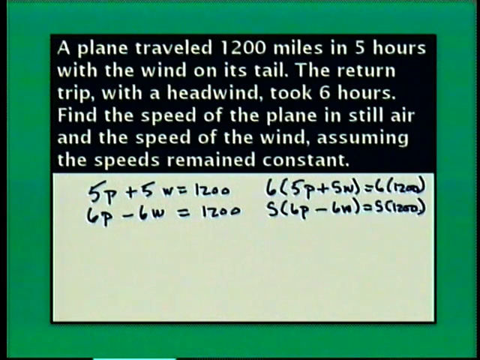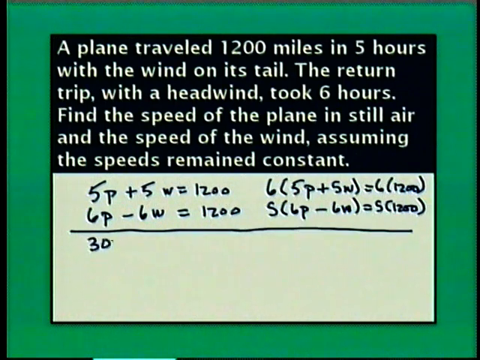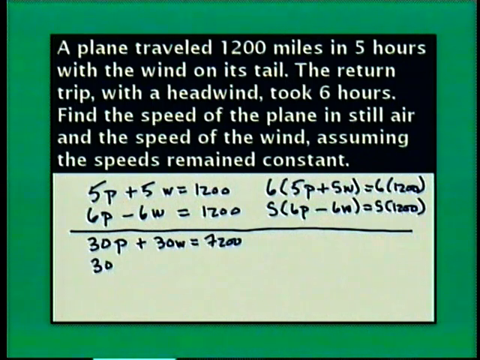And this gives me a new system, 30P plus 30W equals 7,200, and 30P minus 30W equals 6,000.